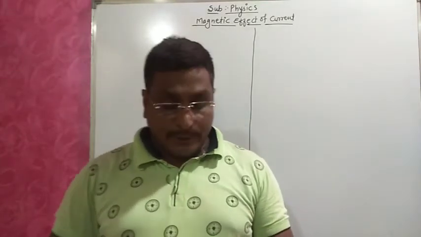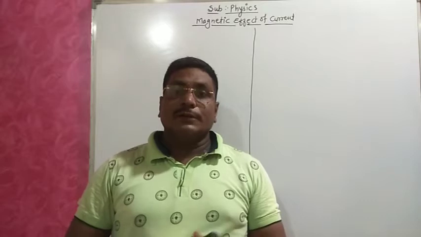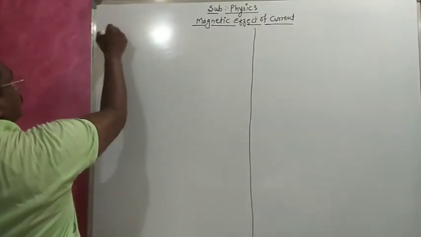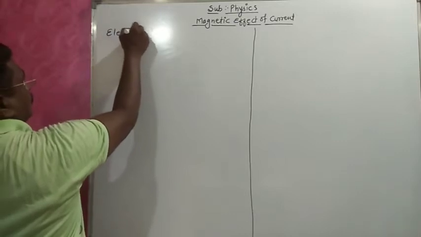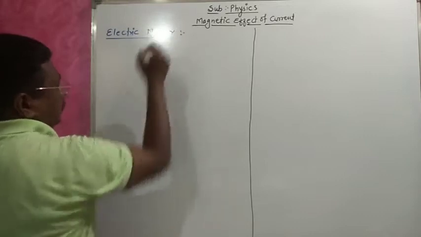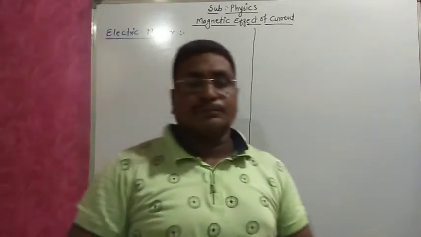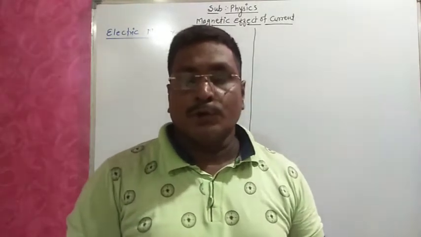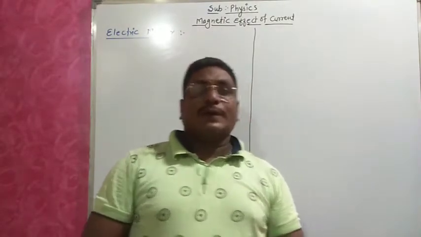Now today we are going to discuss the electric motor. So what is the meaning of electric motor? In our surroundings, in our home, we observe so many electric motors.